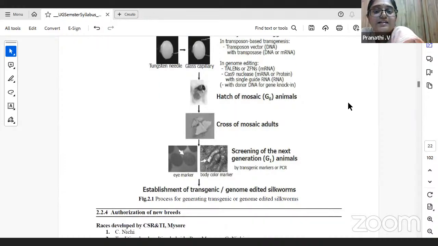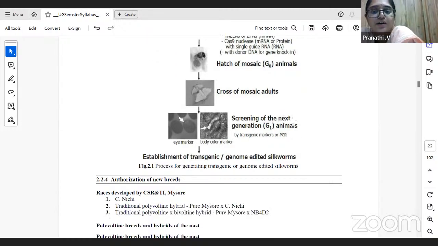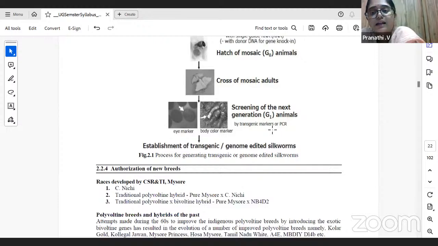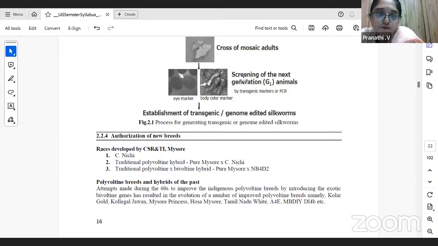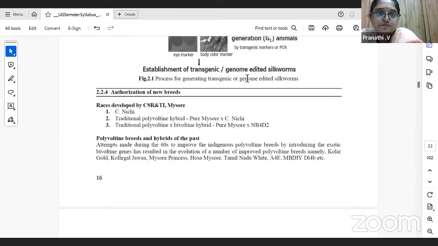These mosaic adults were crossed together, and the first and next generations were screened using different transgenic markers. Then the DNA is amplified using the PCR method, so you can find out whether the gene has been amplified, and the presence of the gene is also confirmed.